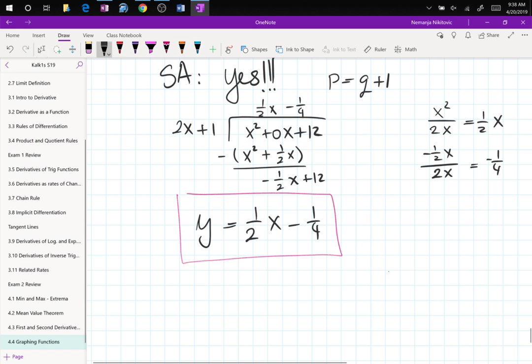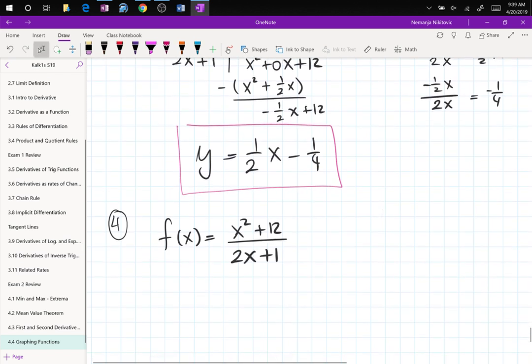Next order of business is to find those derivatives. Now I'll show you a very easy way to find it. So we have a function f of x equal to x squared plus 12 divided by 2x plus 1. This is our function. You can use the quotient rule, you can use logarithmic differentiation to find the derivative. Now let's see.